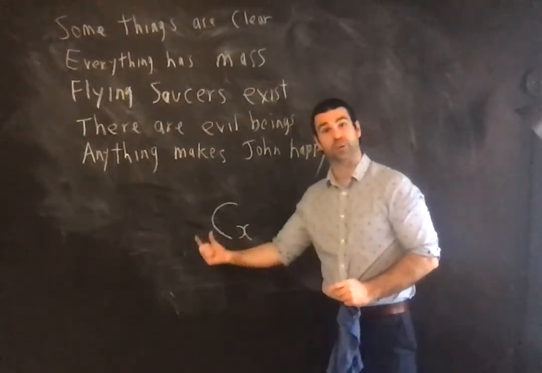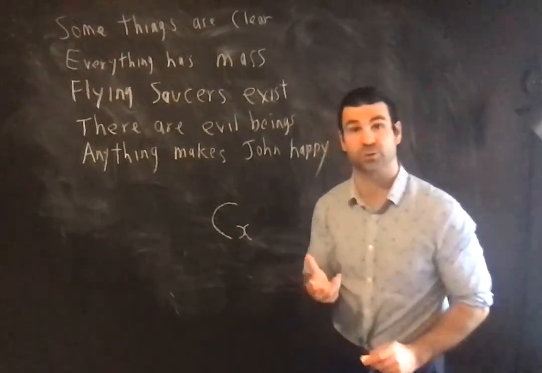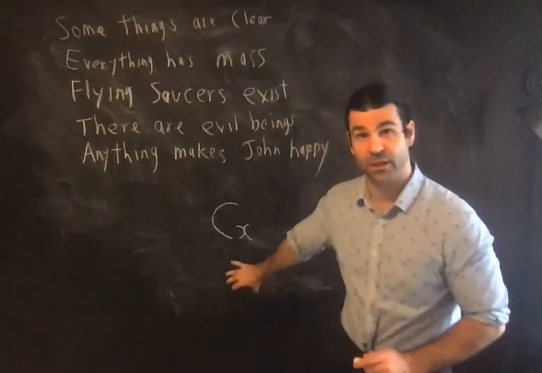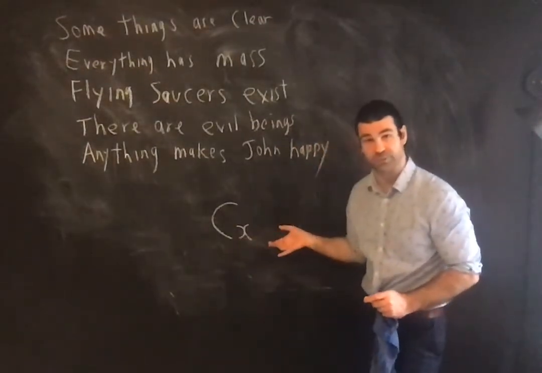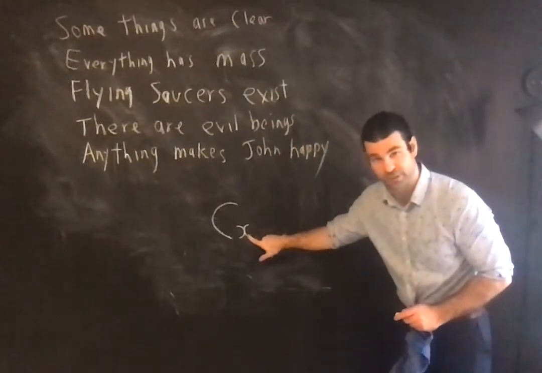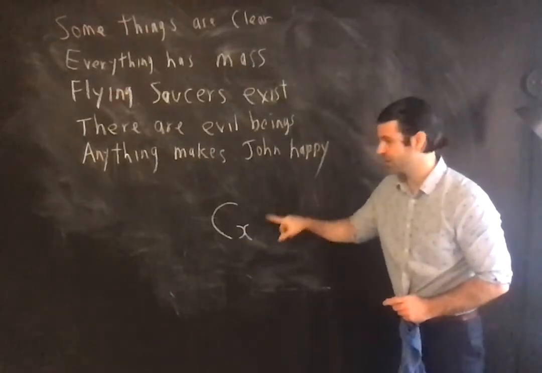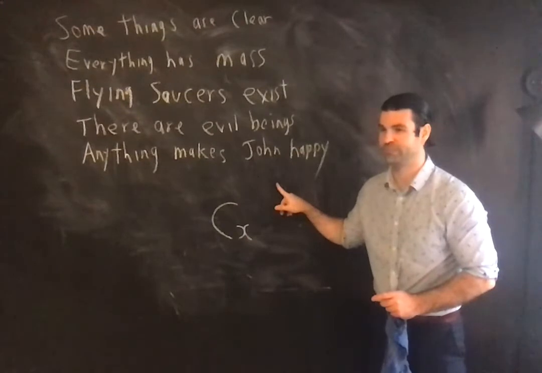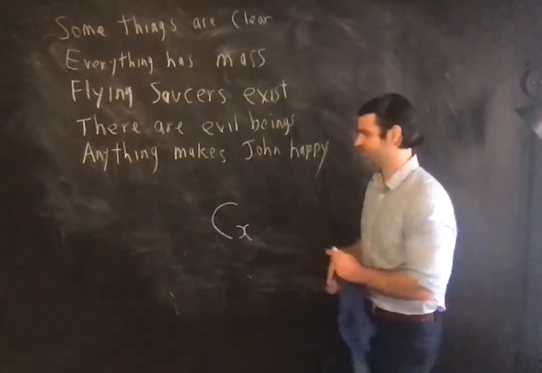And remember this is a quantifier statement, so it is attained the second of the two ways in which we attain sentences from propositional functions. First way was to replace the individual variable with an individual constant, right? X is clear, let's say this book is clear, right?